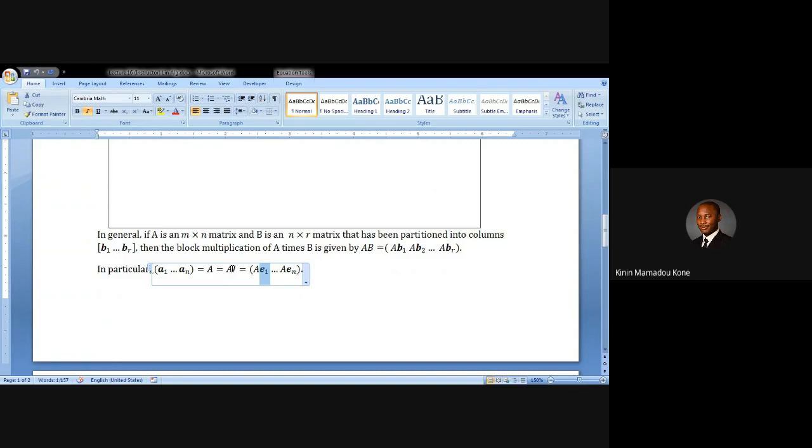So if you partition the identity matrix, you multiply your matrix A by E1, the first column of the identity matrix, A times E2 all the way to En. That's a particular case of the generality that we have.